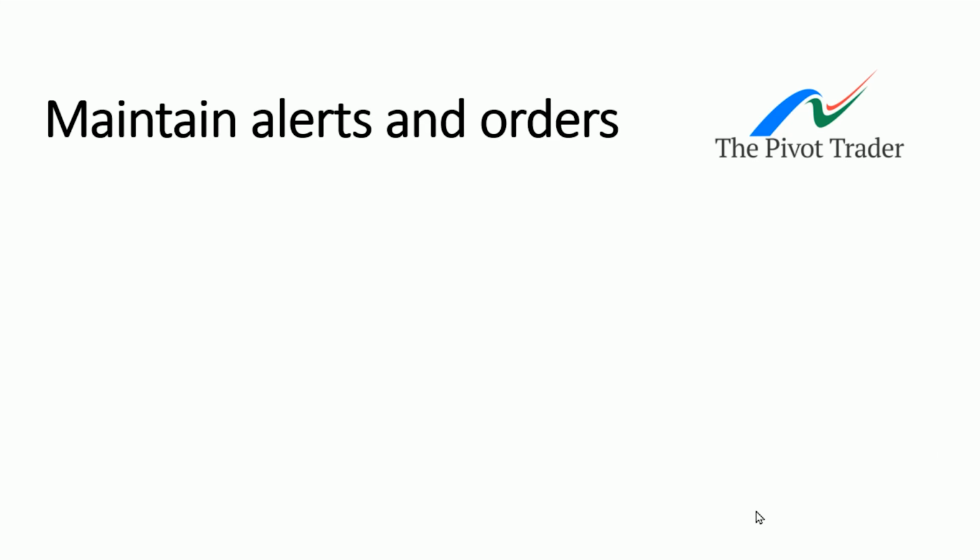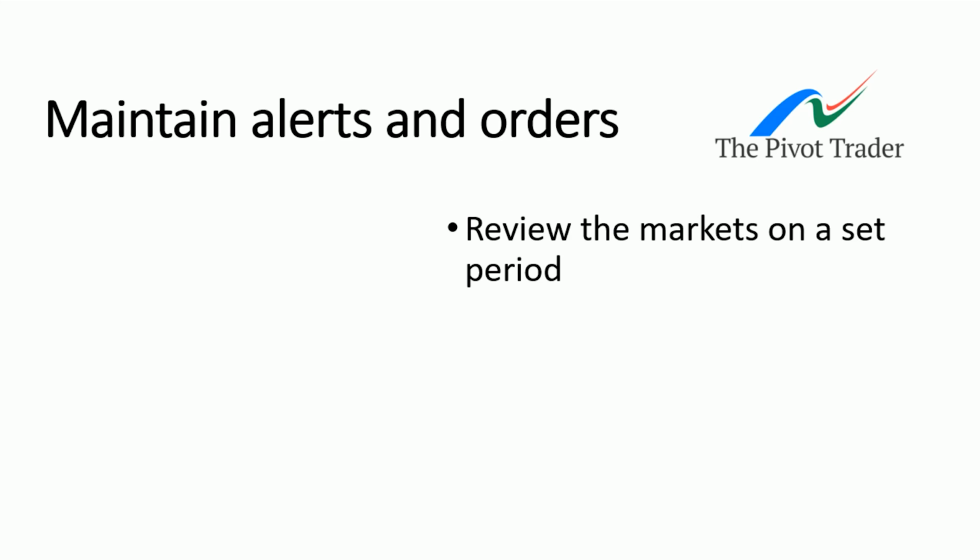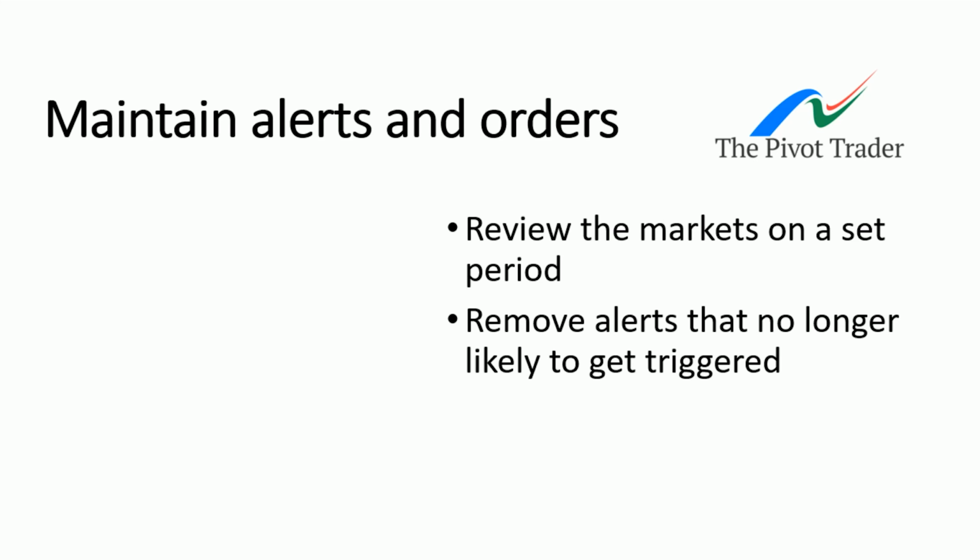So what I suggest is then you would maintain the alerts and orders. So review the market on set periods. Now if you're working, it is as and when you can do it, but you just need to go back, review on a set period. If you're sitting there doing other jobs, that's fine. You just look up and look, but just review the markets on a set period.